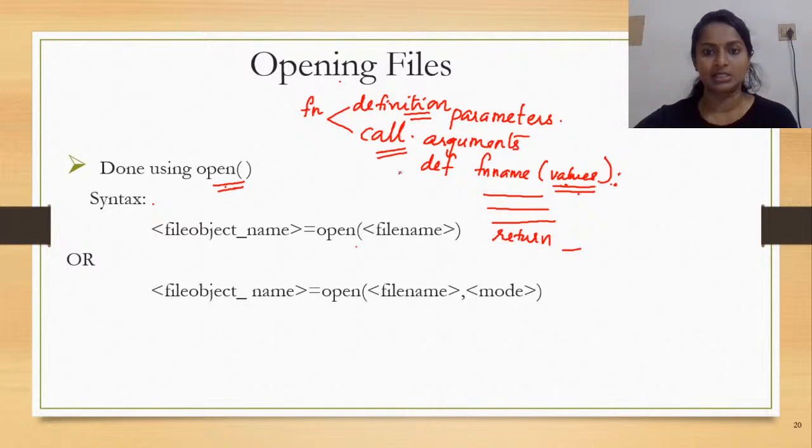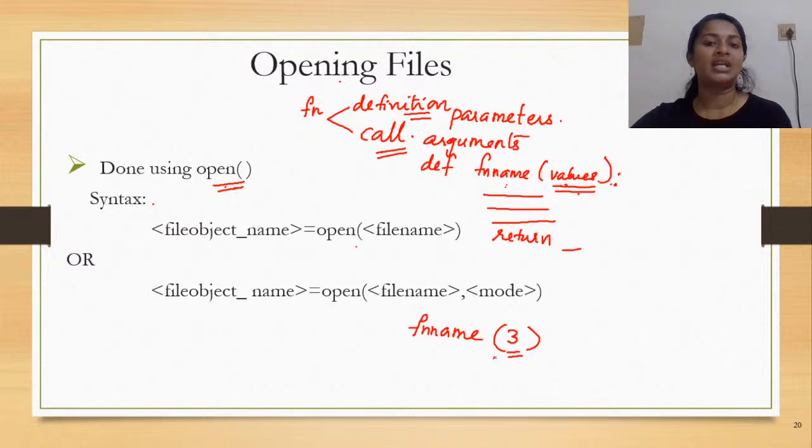Now, when you're trying to invoke or call the function, how do you write? Imagine that fn name is the name of the function, and for the variable value, if you are giving 3, this is how you call the function. In this case, 3 is called the argument, the actual value that you're passing to the function.